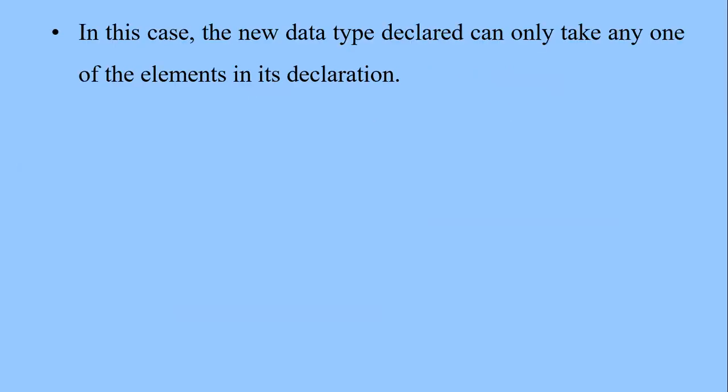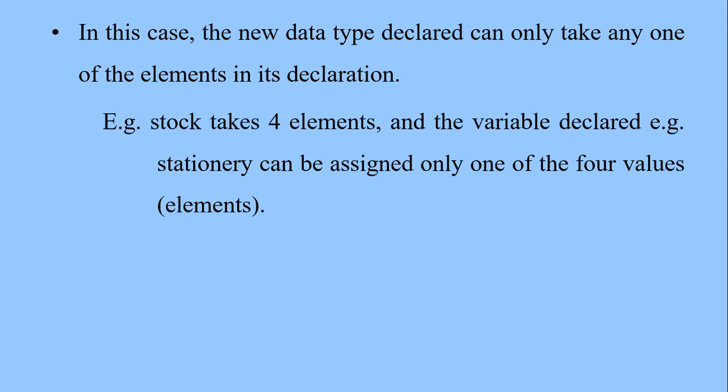In this case, the new data type declared can only take one of the elements in its declaration. For example, stock, as we have seen, takes 4 elements, and the variable declared, for example, stationery, can only be assigned one of the 4 values or elements in our definition of stock.